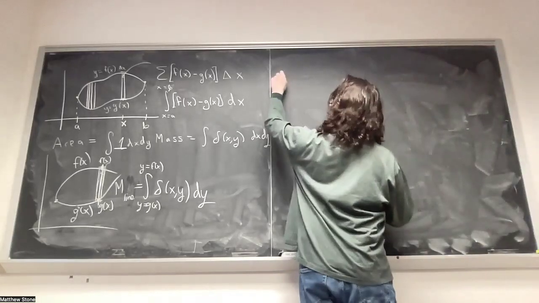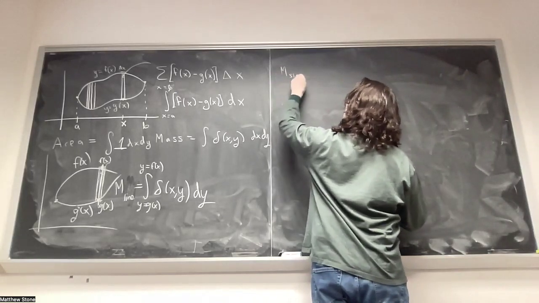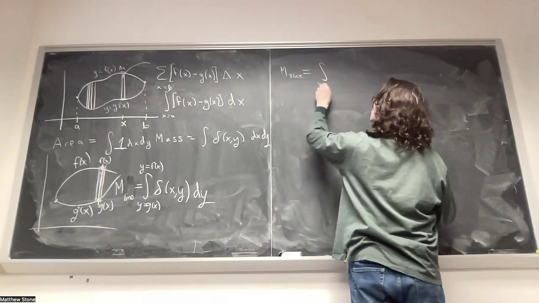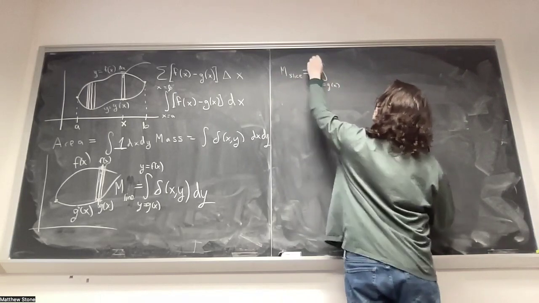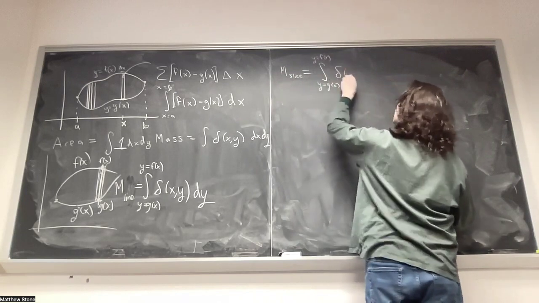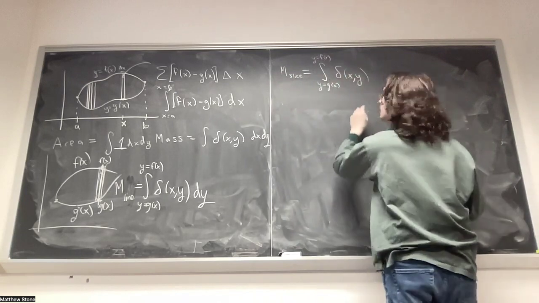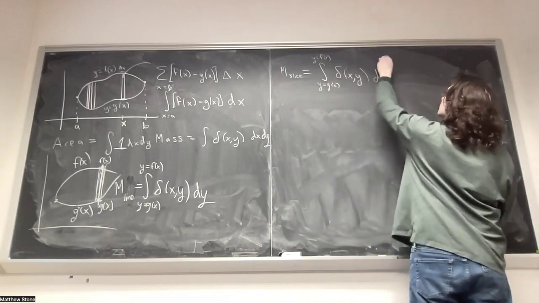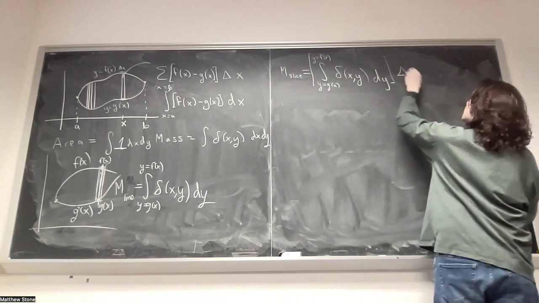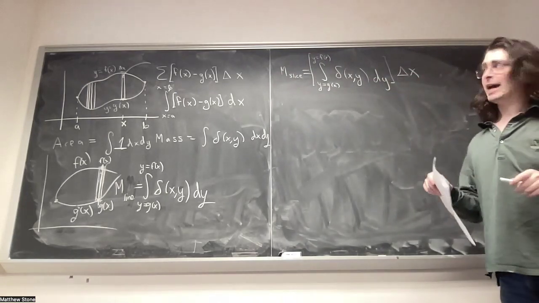And so the mass of the slice is going to be given by the integral from y equals g of x up to y equals f of x of delta of x y dy times the thickness of the slice, delta x.